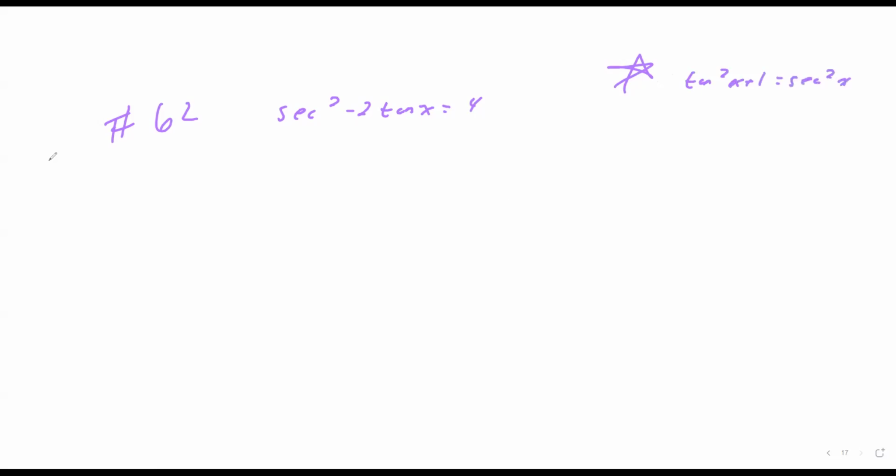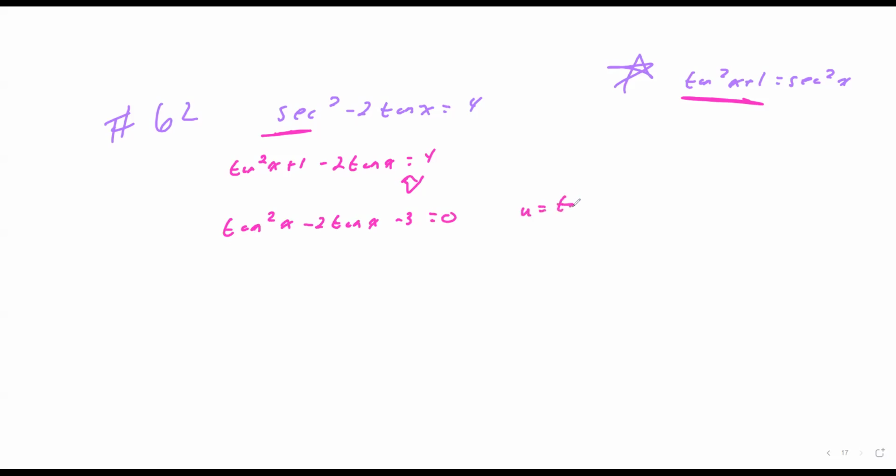I'm going to substitute this secant squared x with this because I already have a tangent there, so I can't turn tangent into anything else. So this becomes tangent squared x plus 1 minus 2 tan x equals 4. Move the 4 over, so I now get tan squared x minus 2 tan x. If I subtract 4 and I already have a 1 there, that would be a negative 3.